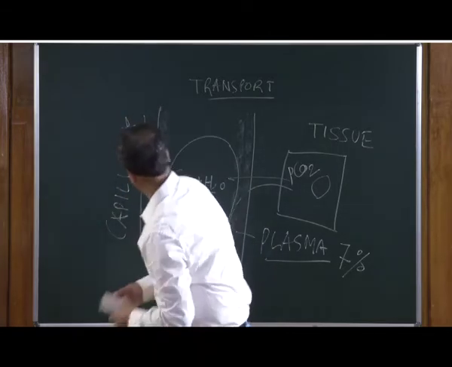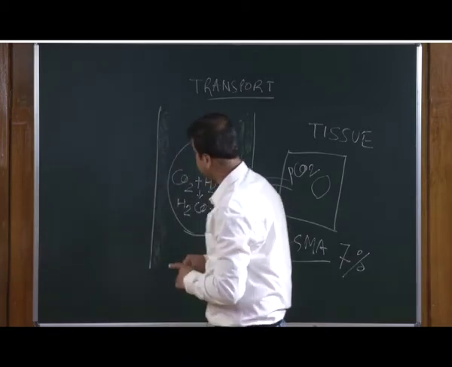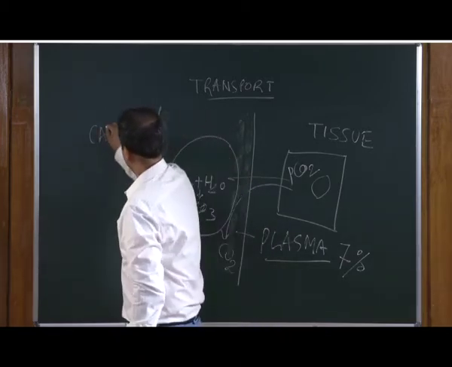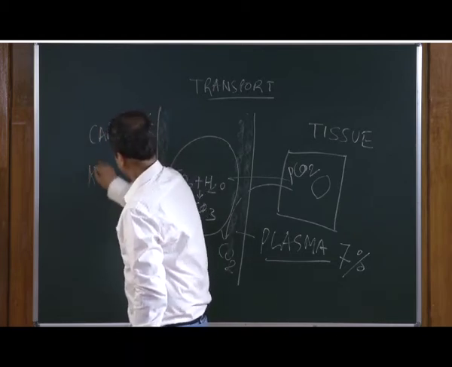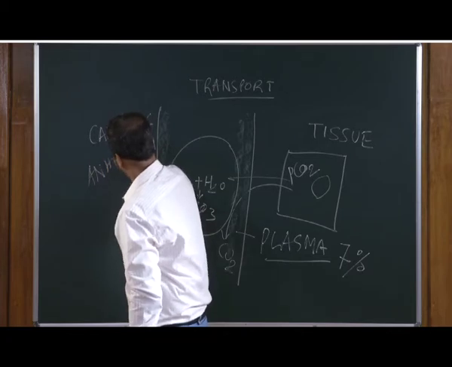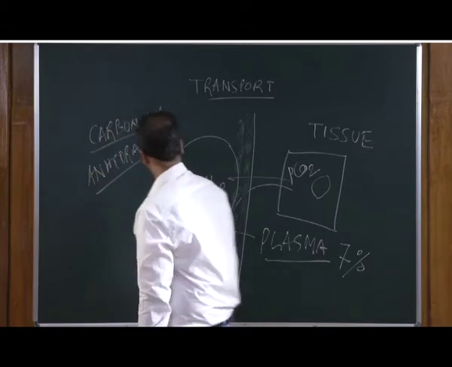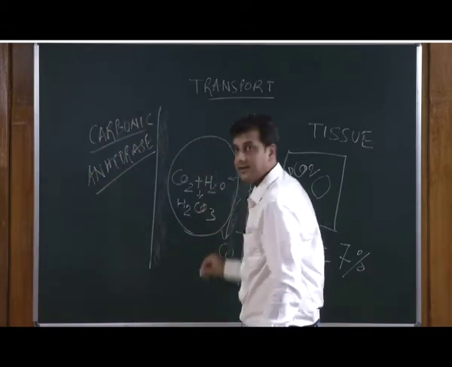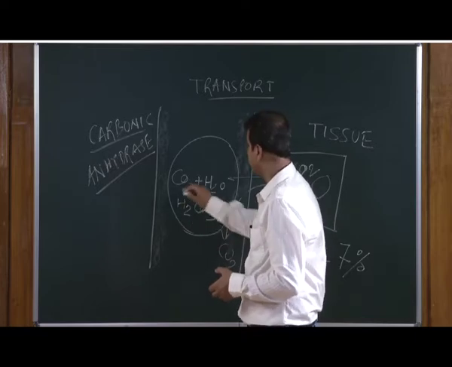So, the enzyme present in the RBC is called carbonic anhydrase, an enzyme that can facilitate the rapid conversion of CO2 into carbonic acid.